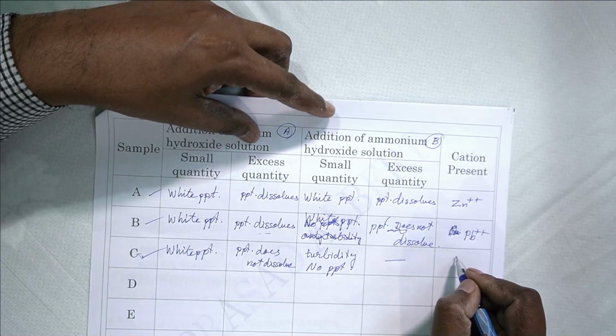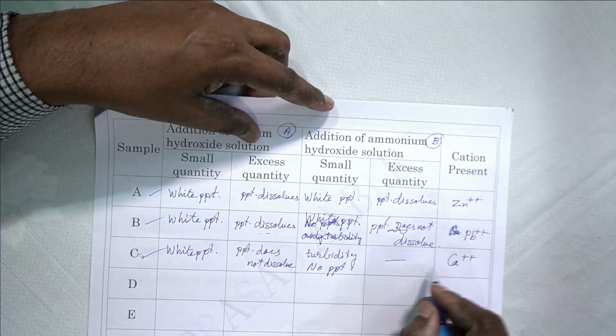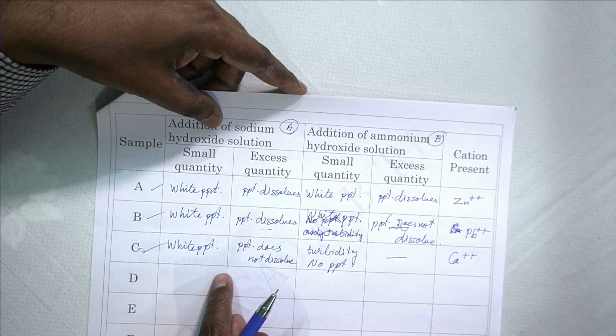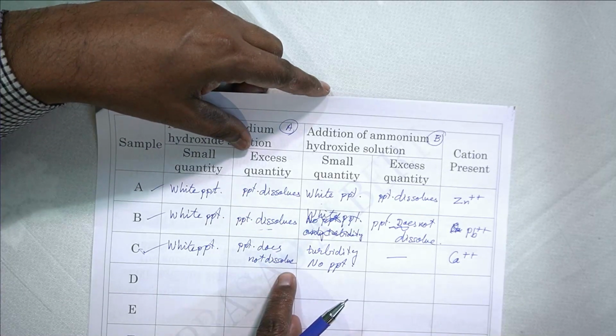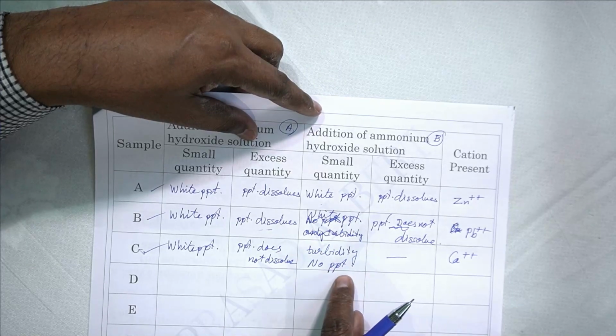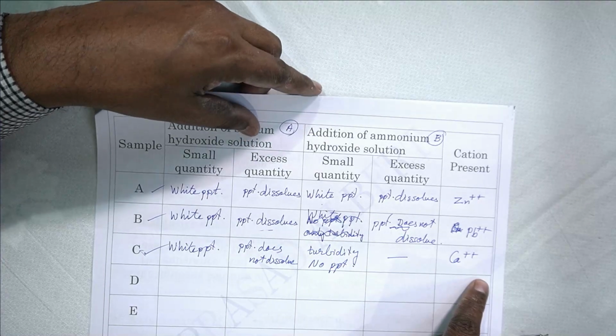So now we understand it is calcium ions. White precipitate with a small quantity of sodium hydroxide, it does not dissolve when excess is added, and with ammonium hydroxide it does not give a precipitate, only turbidity. So it is calcium ions.